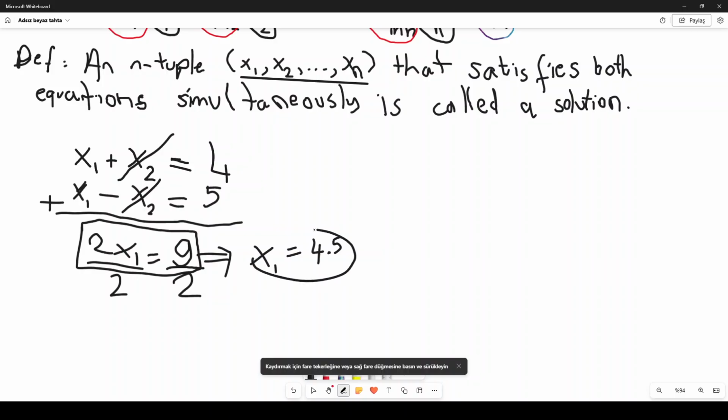And then if you plug this value back into one of these equations, we get the other value, x2, the other unknown variable. In this case, it would be minus half, 0.5 negative. Don't forget the negative sign when you plug it back.